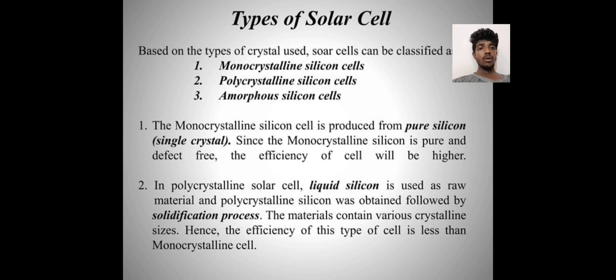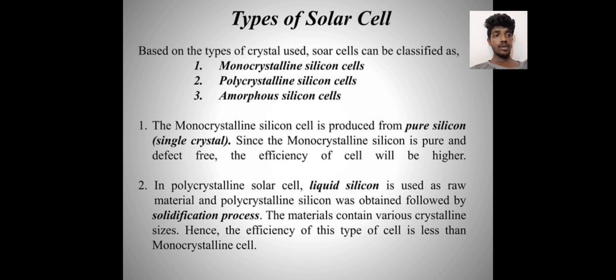The types of solar cells. Based on the material, solar cells are classified as monocrystalline, polycrystalline and amorphous. Monocrystalline solar cells are produced from pure silicon.